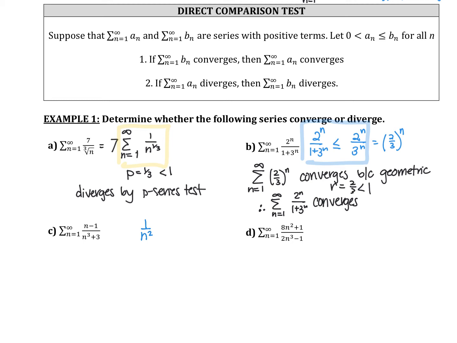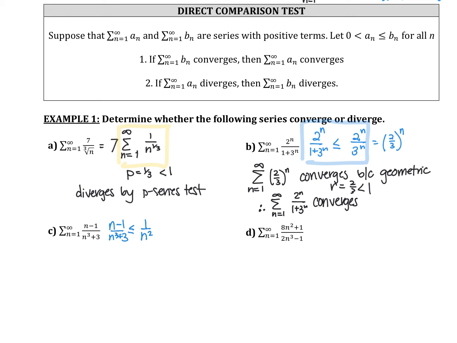Now I need to determine what the relationship is between the two. Which one is going to be greater than or less than all the time? Well, I know that 1 over n squared is going to be greater than n minus 1 over n cubed plus 3. If you don't feel comfortable with that, try a few values, if nothing else. Plug in some numbers.